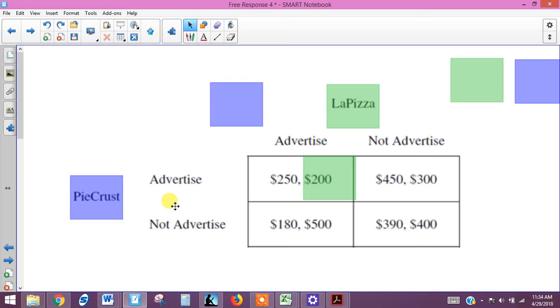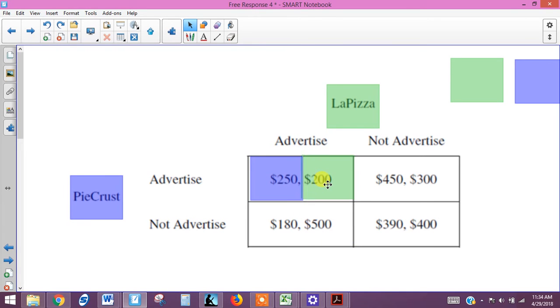Pie Crust's two choices are either to advertise or not. They can't be over here, because they know that La Pizza is going to advertise, so this is where La Pizza is.